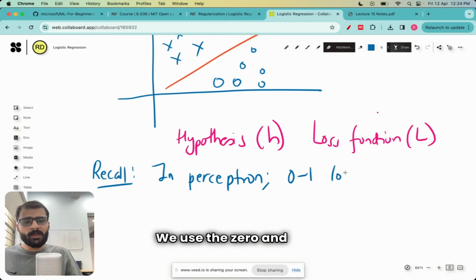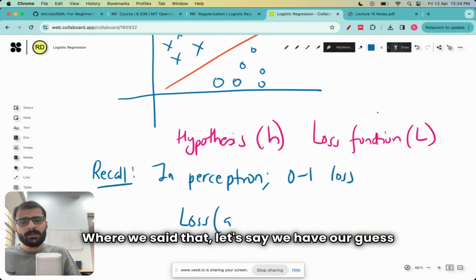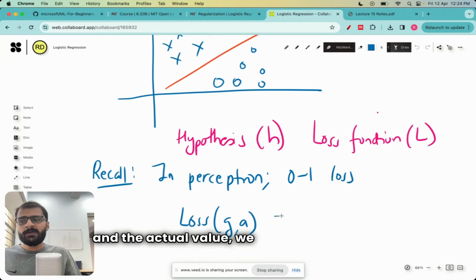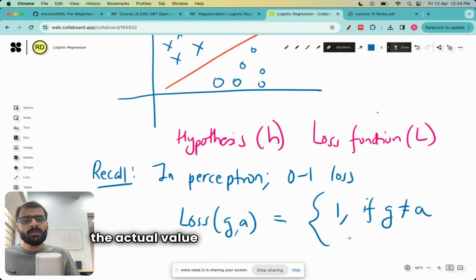We use the 0 1 loss, where we said that, let's say we have our guess and the actual value. We said that the loss is equal to 1 if the guess is not equal to the actual value, and the loss is equal to 0 otherwise.